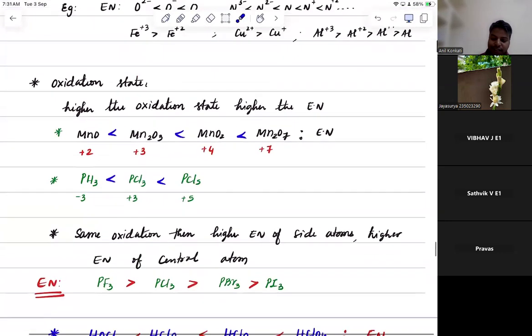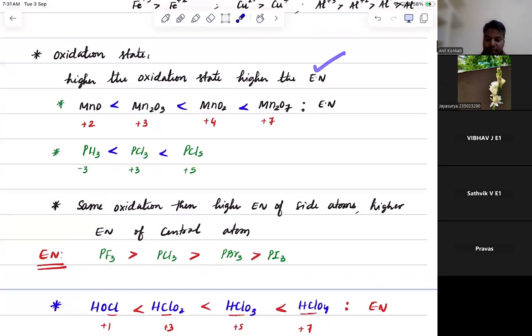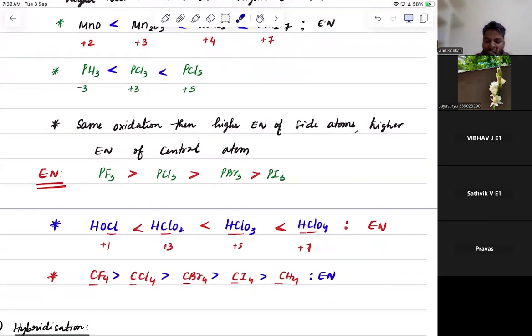Now, oxidation states. The higher the oxidation state, the higher the electronegativity. Manganese here is in the plus 7 oxidation state, so it has more electronegativity compared to this manganese and this manganese. Similarly, PCl5 has more than PCl3 and PH3. If we have the same oxidation state, then you have to check the side atoms.